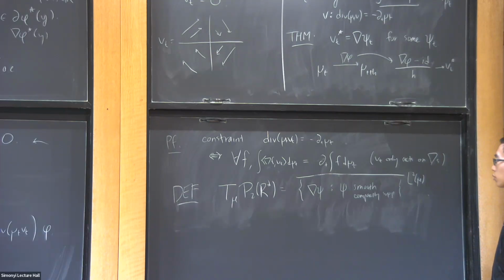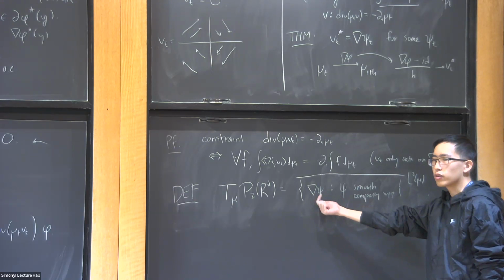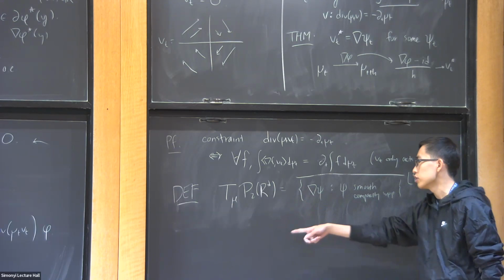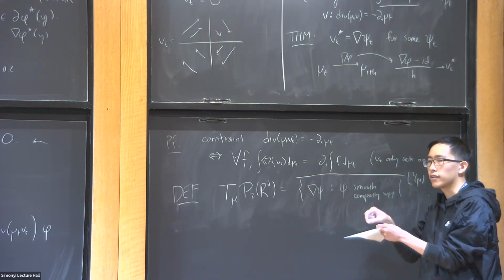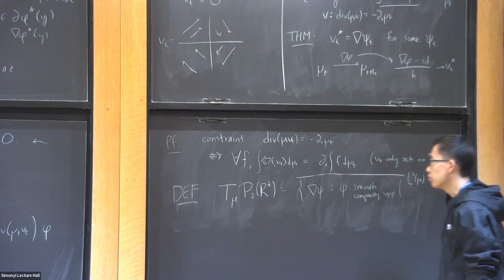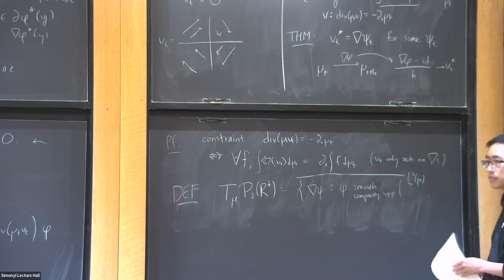This is the formal definition, but you can basically think of it as a gradient because these are the only optimal vector fields that we care about. The way that this is a tangent vector to mu is that if you infinitesimally push forward by the gradient of a convex function, it will induce some movement of the measure mu. It's a linear space by definition.